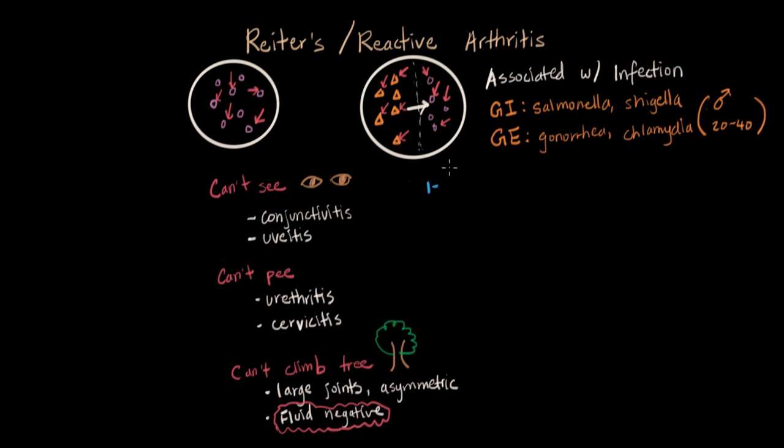The time frame is that Reiter's syndrome can start 1 to 3 weeks after the original infection. It can go up to things like 45 days. So there's a long incubation period, and it's uncertain when the symptoms start. So at 1 to 3 weeks, the infection should be gone.